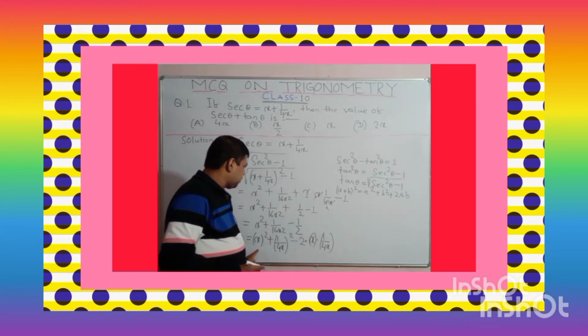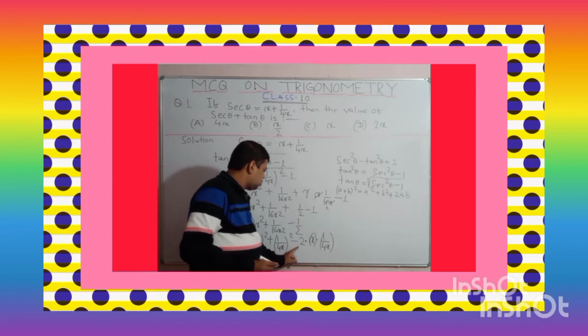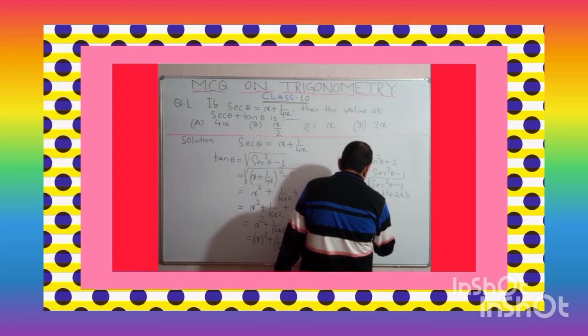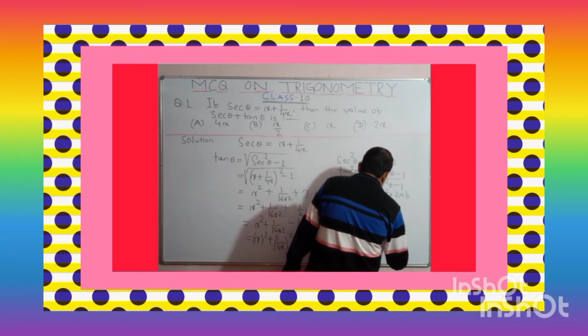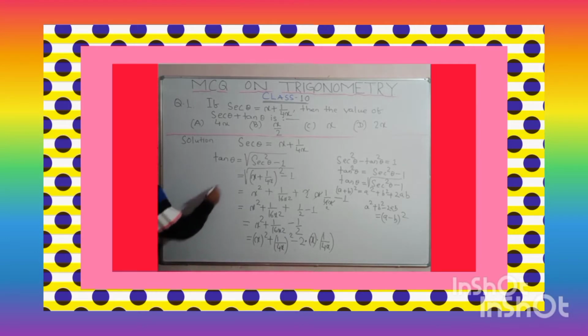This is in accordance with the formula a square plus b square minus 2ab. The identity is a minus b whole square, all of you know. So the value will be x minus 1 by 4x whole square.